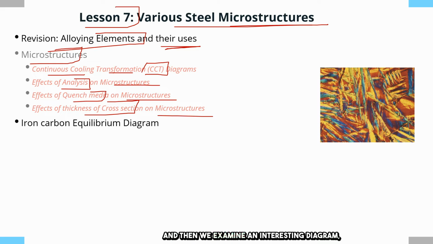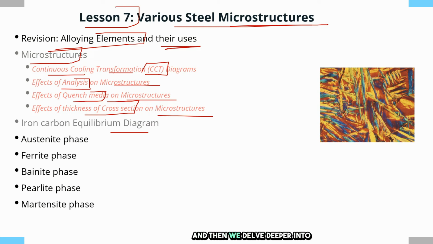Then we examine an interesting diagram, the iron-carbon equilibrium diagram, and we try to understand how to interpret and make inferences from that diagram. Then we delve deeper into the various phases or microstructures in steel. So we look at the austenite phase, the ferrite phase, the bainite phase, the pearlite phase, and the martensitic phase. And that ends this module.